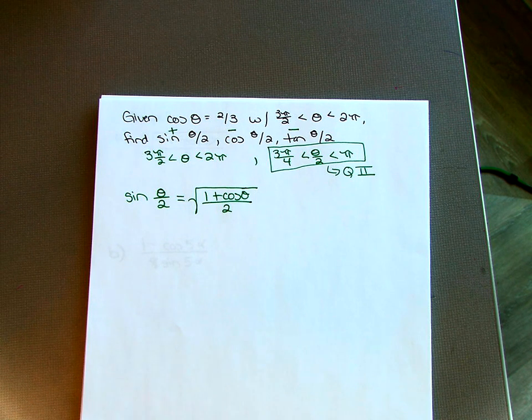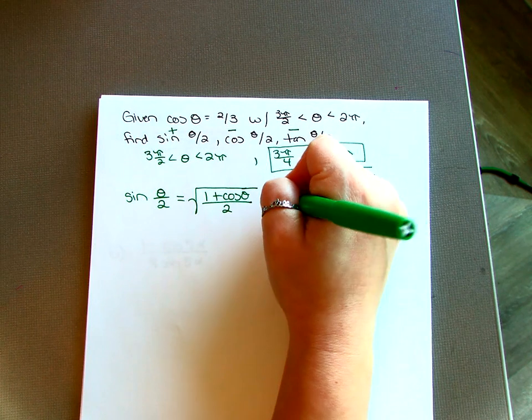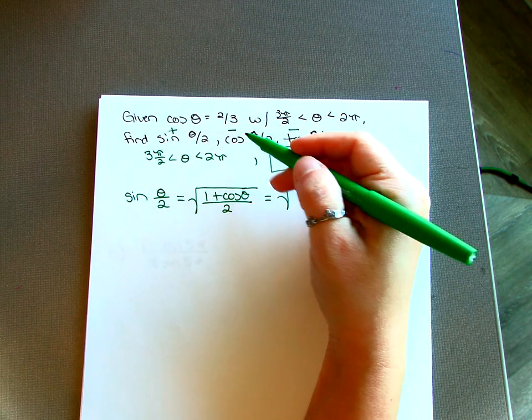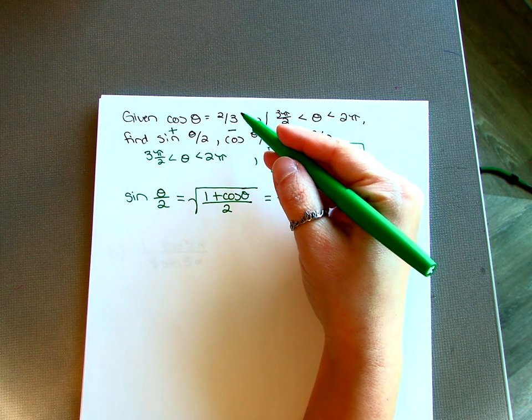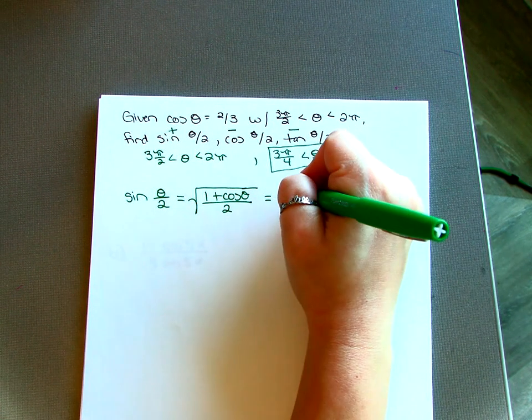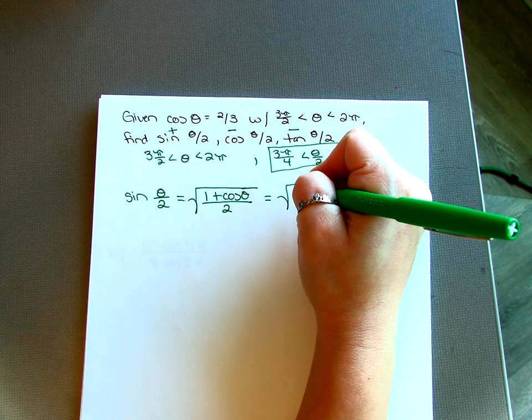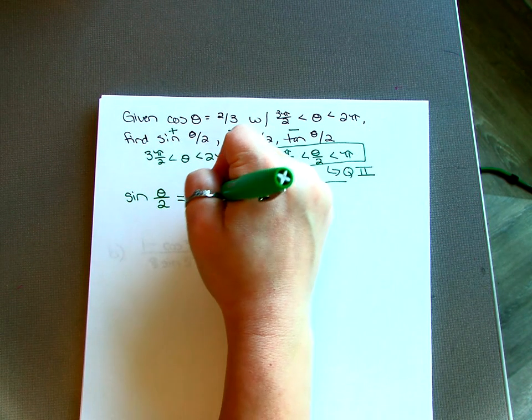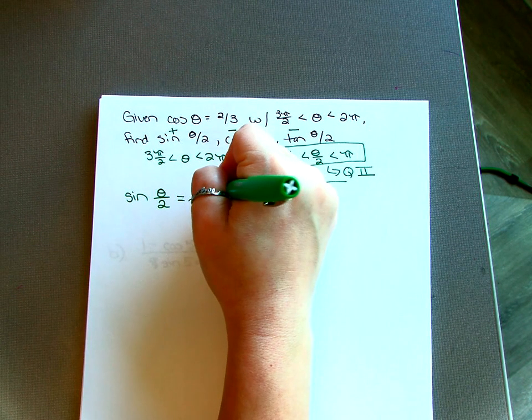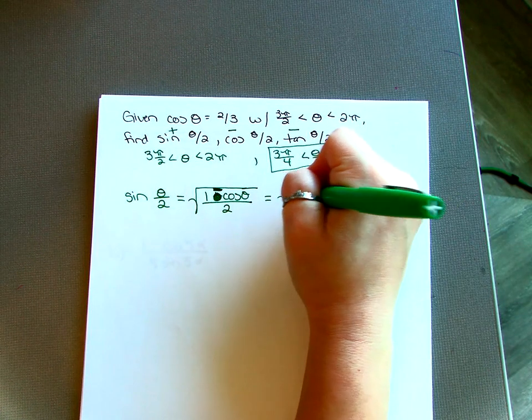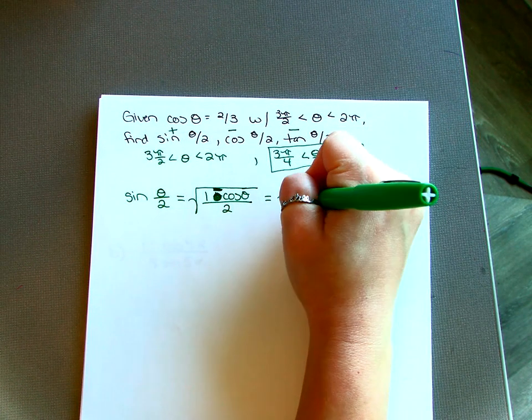The nice thing is that they actually gave us what we need. They told us what cosine of theta is. It's 2 over 3. So this will be, did I write it down wrong? I did. It's minus. It'll be 1 minus 2 over 3, all over 2.